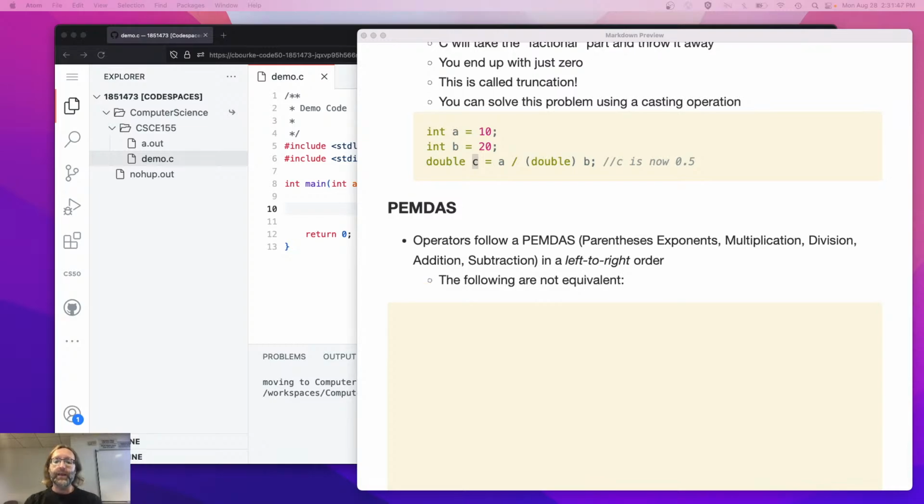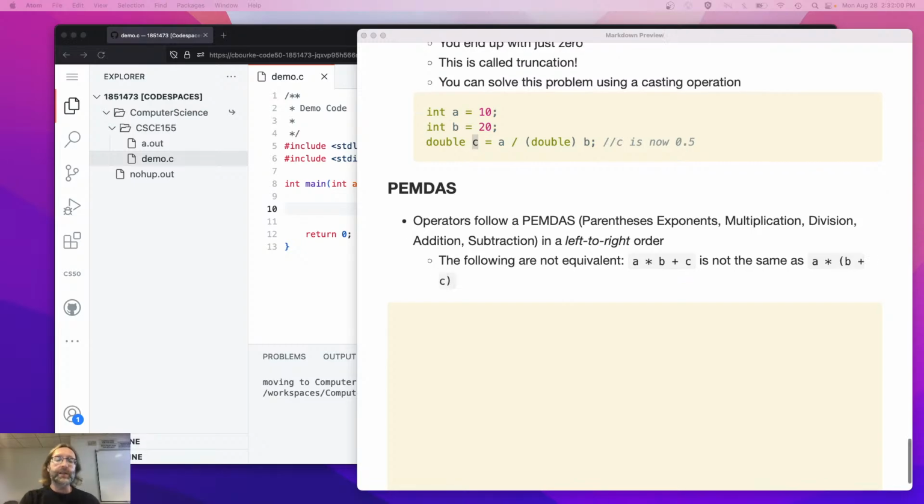If I say A times B plus C, that is not the same as A times the quantity B plus C if I put those second two into parentheses. I'll go to the next line there so that it's not cutting it off on the right-hand side. Why is that different?